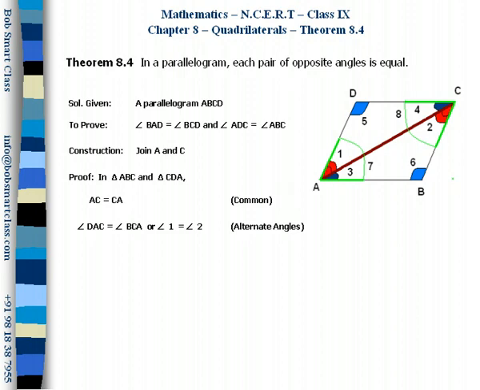Next, angle DAC equals angle BCA, or angle 1 equals angle 2, because they are alternate angles of parallel sides AD and BC.